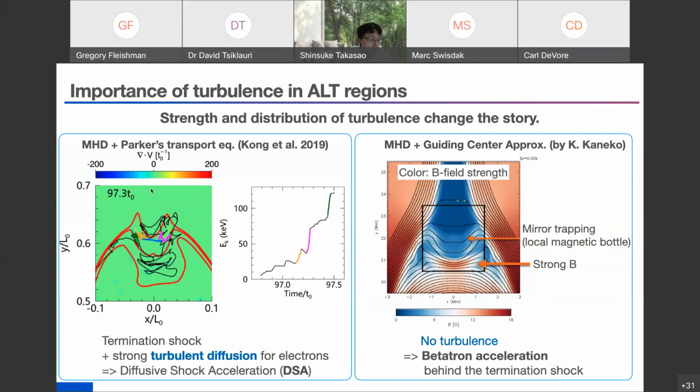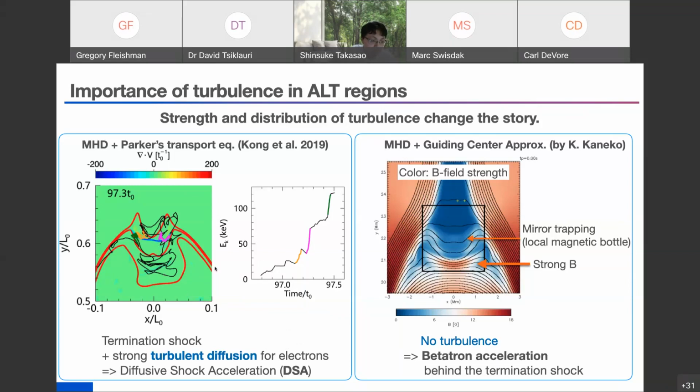So after the injection of the electrons, this electron is transported again to this region and passes through the termination shock again because of the turbulent diffusion, and going across this termination shock leads to the Fermi type acceleration, diffusive shock acceleration.